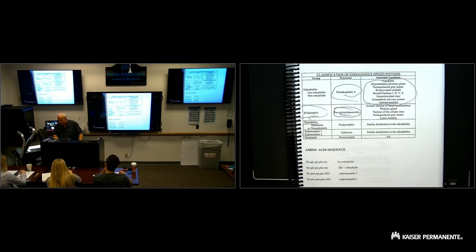All right, so let me summarize. There's three well-defined chemicals in the body that we know the body uses itself for analgesia, to treat pain when it happens. They are the enkephalins, the endorphins, and the dynorphins.